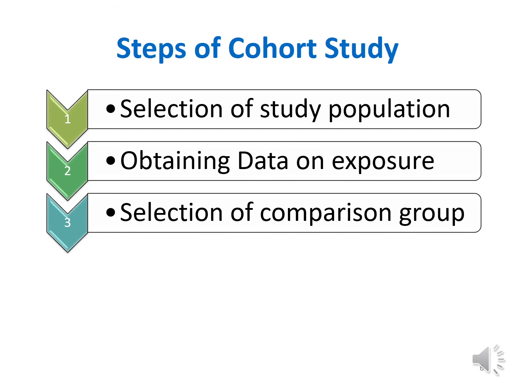Within the same group, comparison can be done depending upon degree of level of exposure to the risk factor. We can also do external comparison in those studies where data on degree of level of exposure is not available. Then external comparison is required.